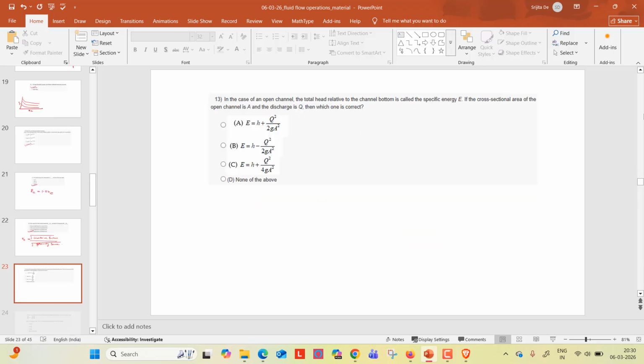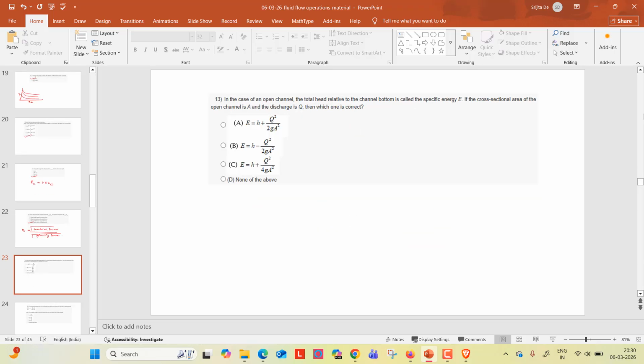Next, in the case of an open channel, the total head relative to the channel bottom is called the specific energy E. If the cross-sectional area of the open channel is A and the discharge is Q, then which one is correct? So we have done this calculation, it is option A. E specific energy is H plus kinetic head.